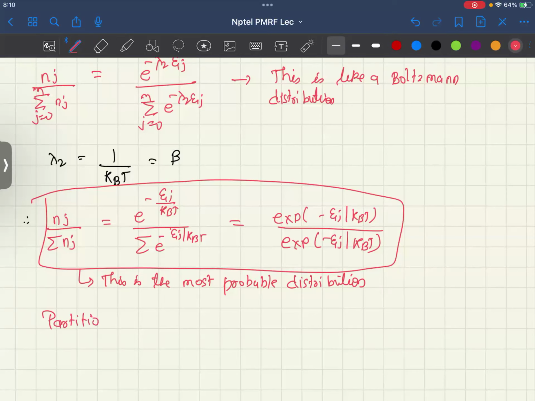The partition function is denoted as q and is equal to the summation of exponential of minus epsilon j by kBT, j equals 0 to n, which is nothing but the summation j equals 0 to n of exponential of minus beta into epsilon j, right?